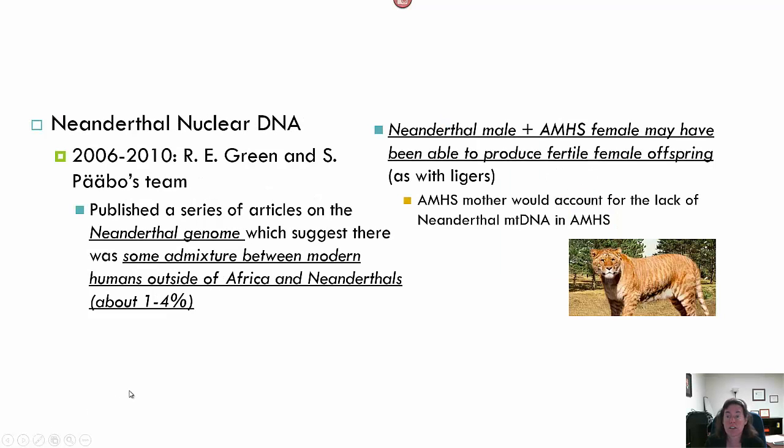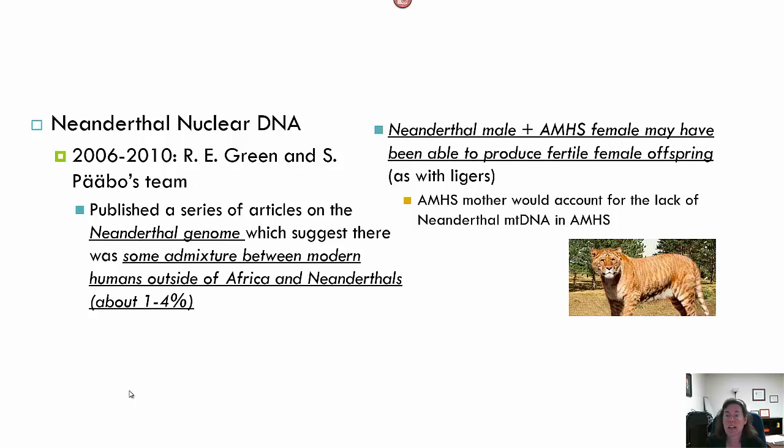Studies of Neanderthal nuclear DNA, there's a study between 2006 and 2010, suggest that there may have been some admixture between modern humans outside of Africa and Neanderthals. So the Neanderthals that were in, let's say, Middle East and Europe may have, to some extent, mixed with anatomically modern Homo sapiens.